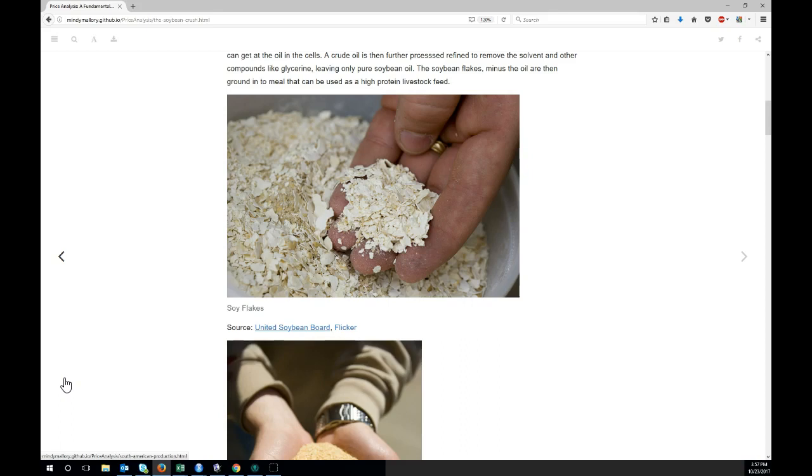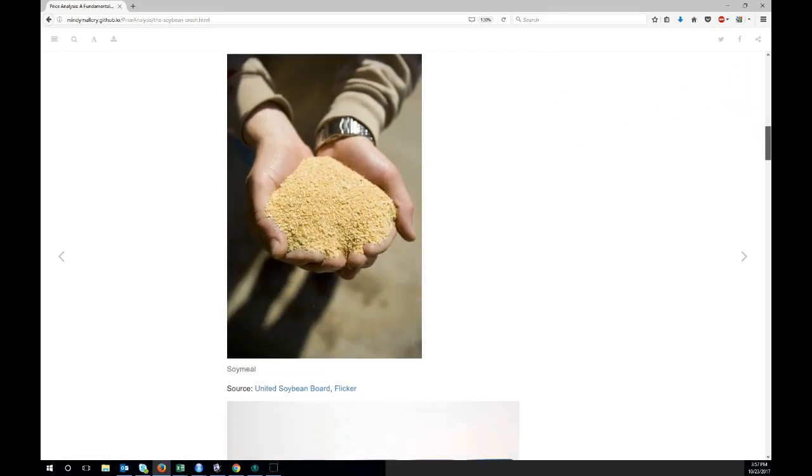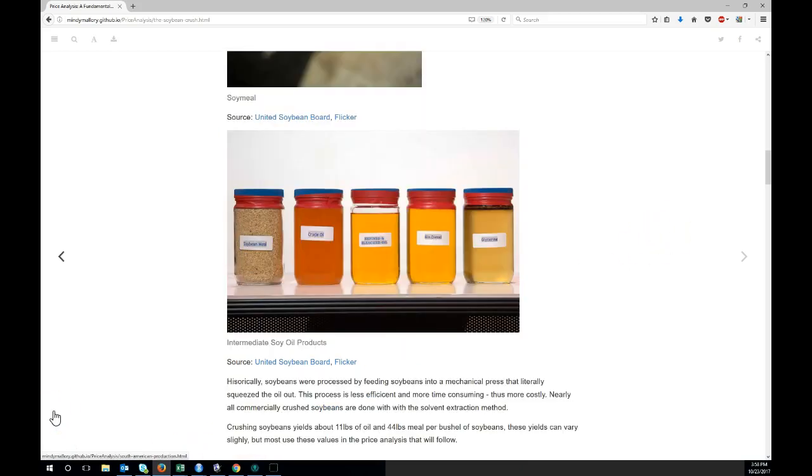So the picture that's prominent here on the top are those soybean flakes that we talked about earlier. And if we scroll down a little bit, that is the soybean meal that would be fed to livestock. So the picture that you see here has soybean meal in a jar on the left, and then just next to that is some really orange looking jar that's labeled crude oil.